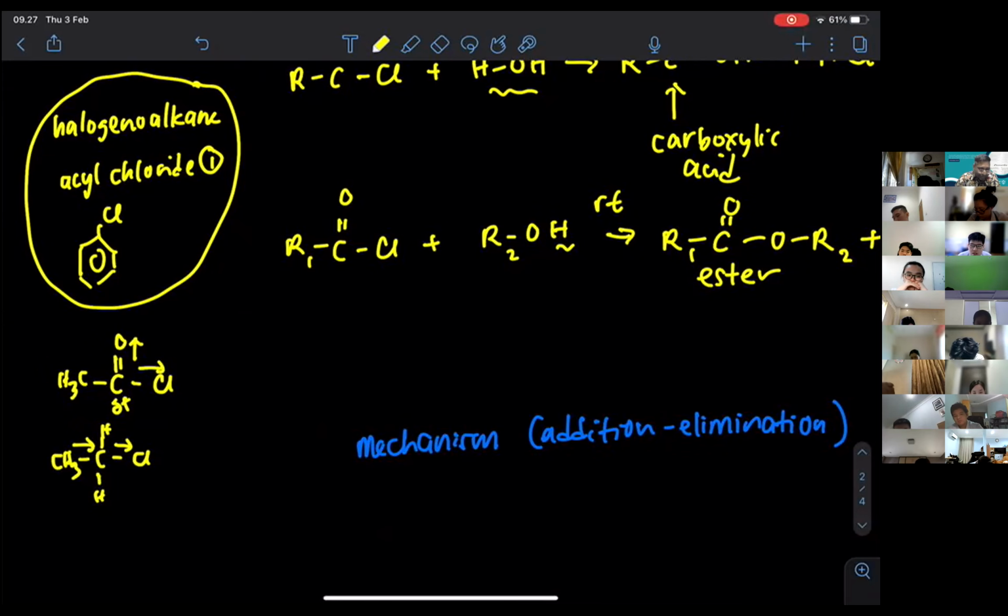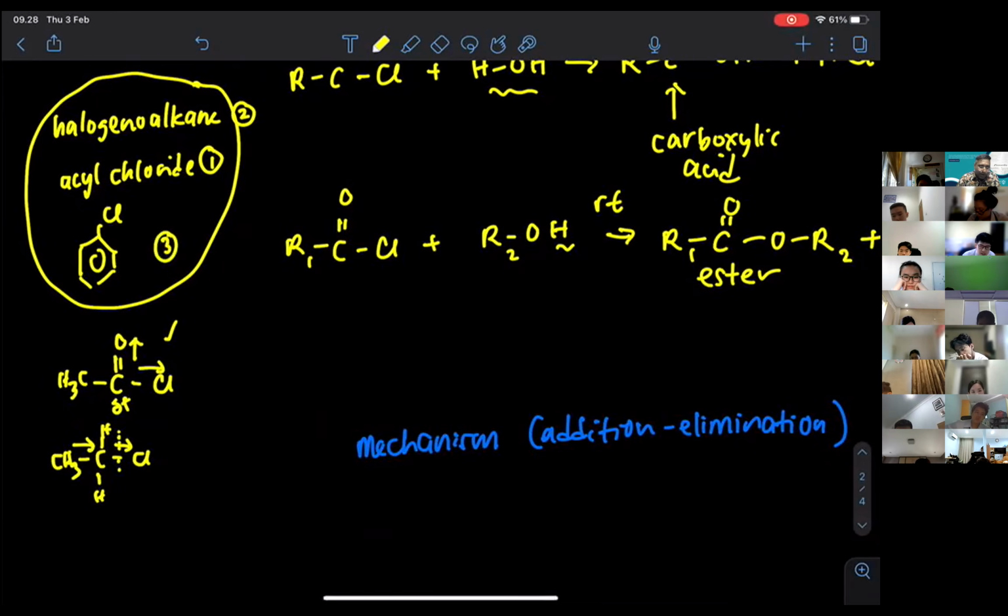So the bond is still going to be broken, but not as easy as this one. So it's followed by halogenoalkane. But the last one that is going to be broken is this one.